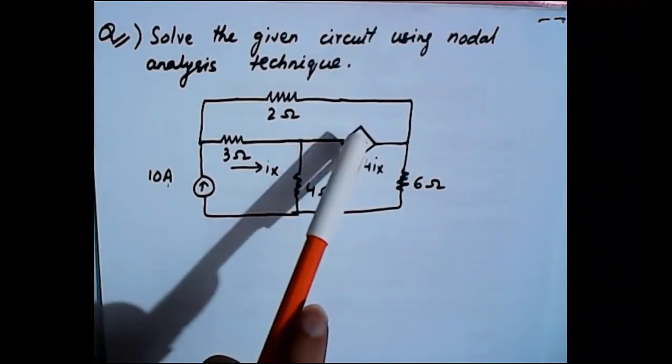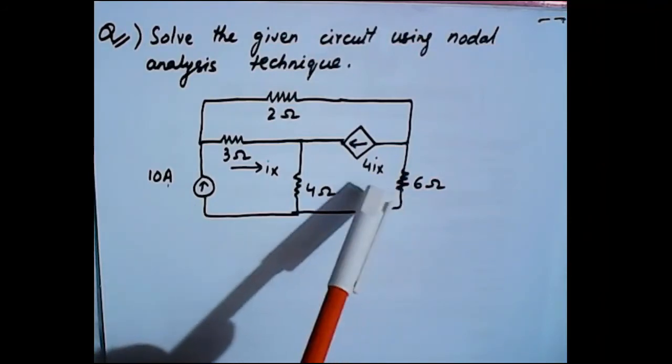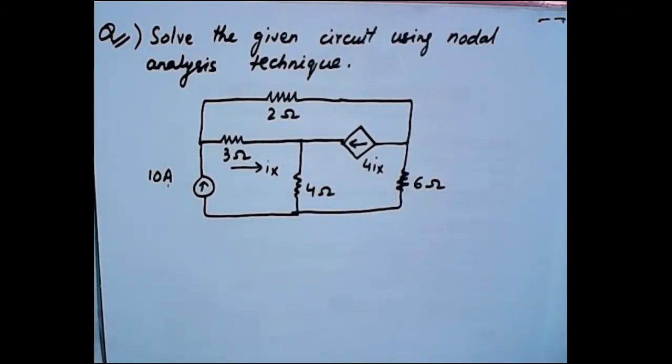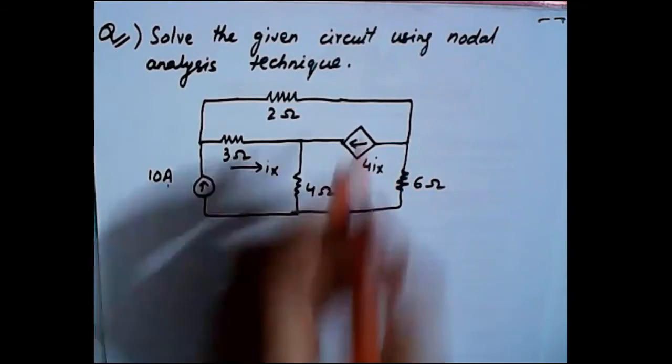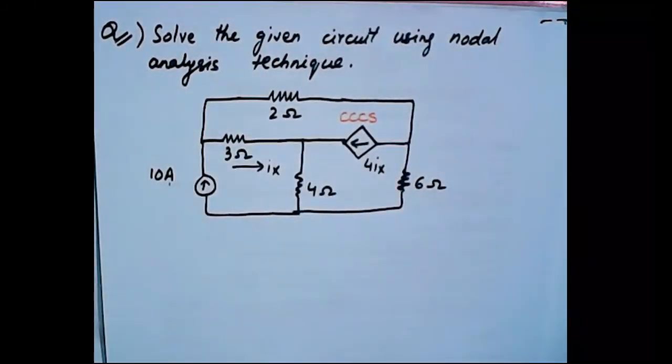Here you can see from the arrow that this is a current source, and you can also see from this 4ix that its controlling parameter is also a current, which makes it a current controlled current source, CCCS, as we discussed in the very first lecture, right?